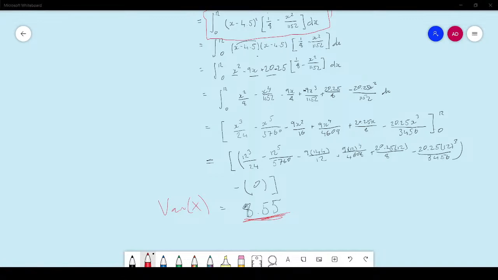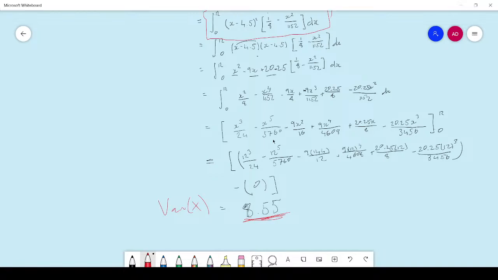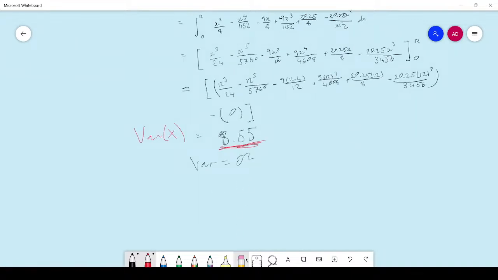And now let's just check the relationship between variance and standard deviation. We can see that variance is sigma squared. So if variance equals sigma squared, and we want sigma, then the square root of variance should equal sigma.